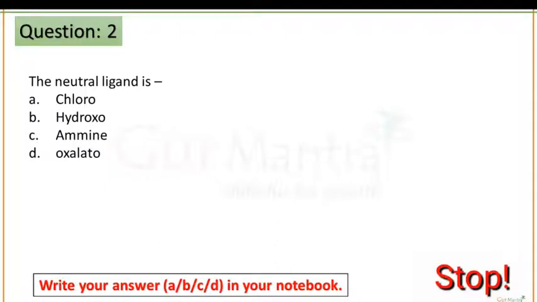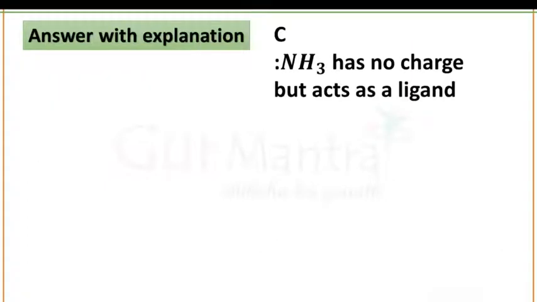The correct answer is option number C. NH3 has no charge but it acts as a ligand. So the correct answer is option number C, that is NH3.